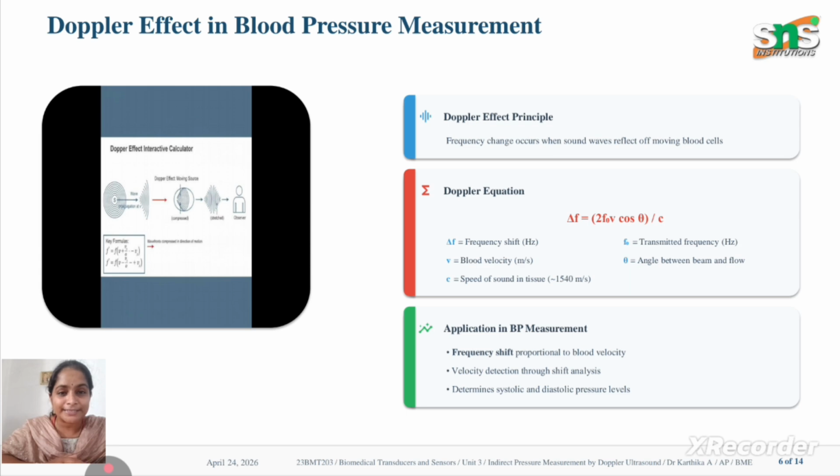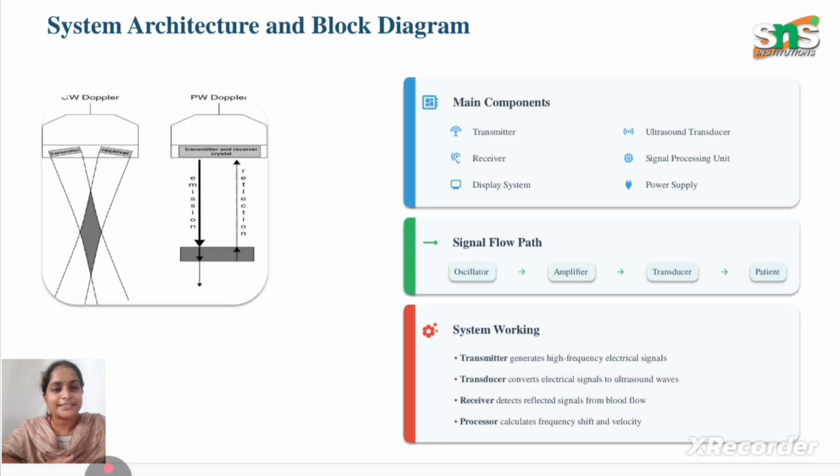V is blood velocity, and C is the speed of sound in tissue. F naught is the transmitted frequency. Theta is the angle between the beam and flow. Applications in BP measurement: frequency shift is proportional to blood velocity. Velocity detection through shift analysis determines systolic and diastolic pressure levels.